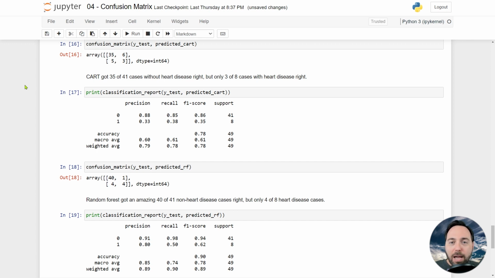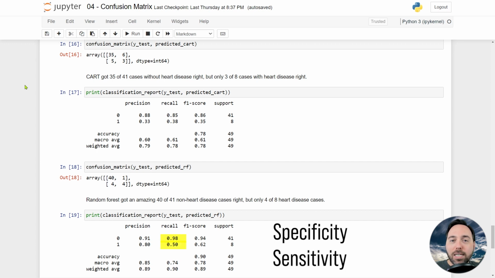As a quick reminder, specificity asks the question, if an event's outcome is negative, how often do we predict a negative outcome? Well, it turns out that for this two-class problem, specificity is the same thing as recall on the negative case. There were 41 people who did not have heart disease, and we got 40 of those correct for a negative class recall, or a specificity, of 98%.